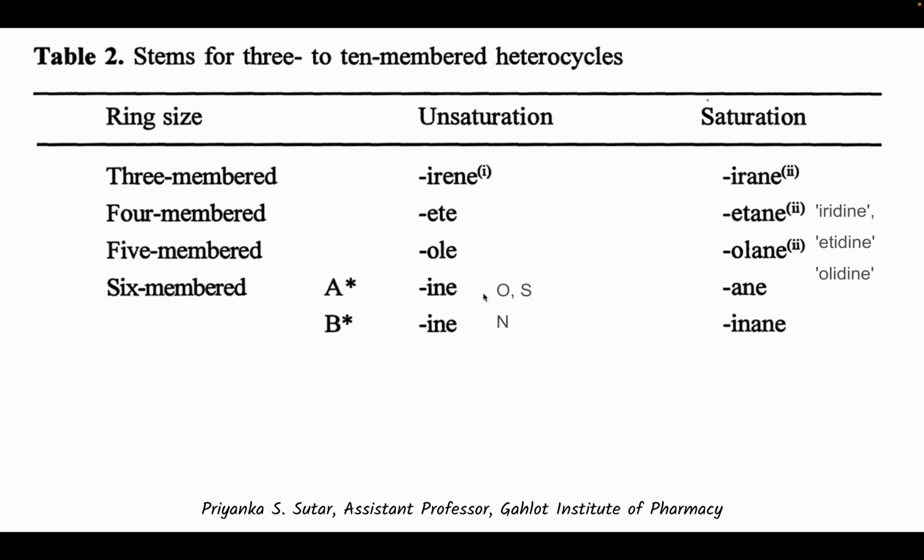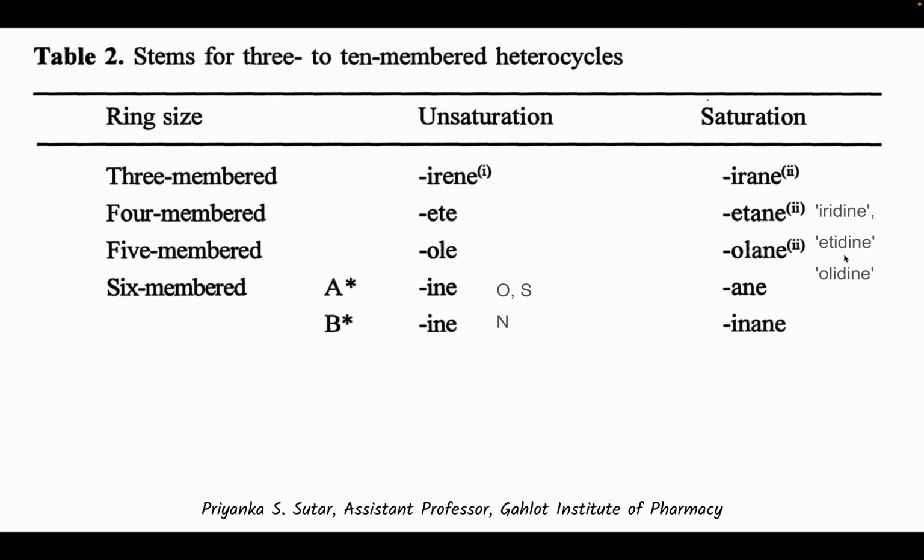And for the other type of 6-membered ring, one that contains oxygen and sulfur, if it is saturated, you can use the stem ANE.